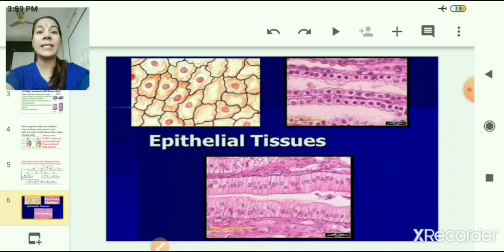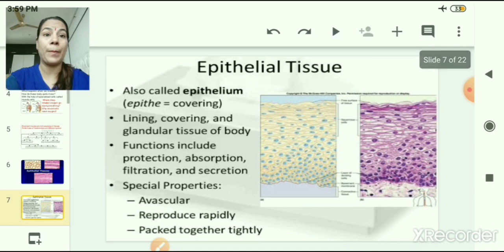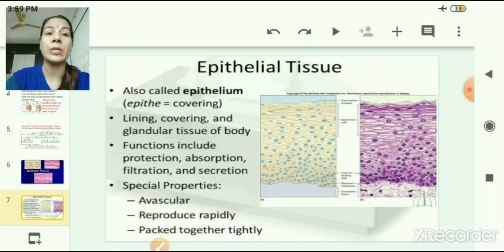Children, as its name suggests, epithelium. Epi means covering. So this type of tissue is present at the coverings of various body parts. It is present outside of that body part as well as inside as a lining. So lining, covering and glandular tissues of the body have these epithelial tissues.